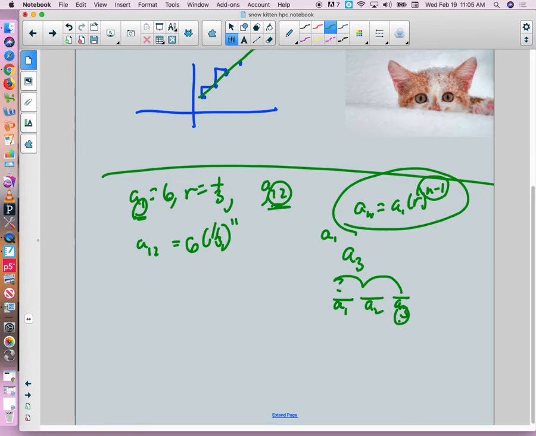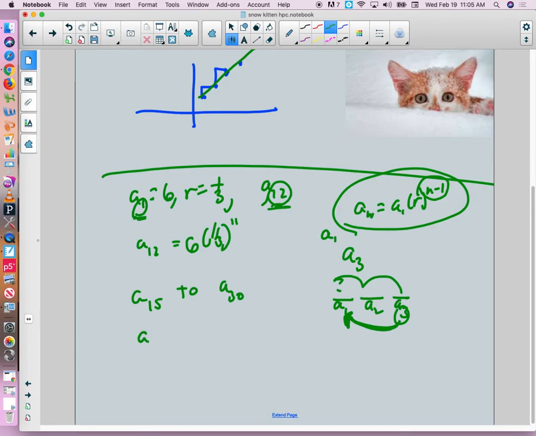So to figure out how many I multiply by, you can subtract these two numbers if it doesn't start you at a sub 1. But I've got to multiply by r 2 times, but how many terms are there? Actually, there's 3. So how many terms are there from a sub 15 to a sub 30? There are 16 terms. Y'all okay with that?